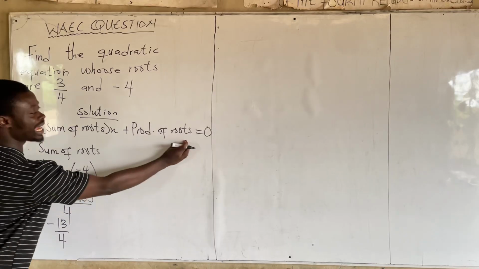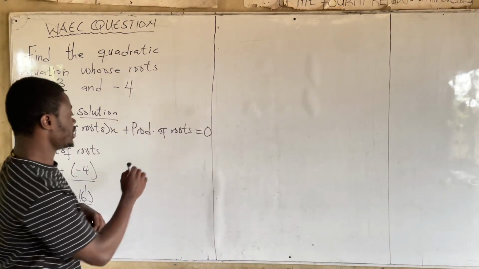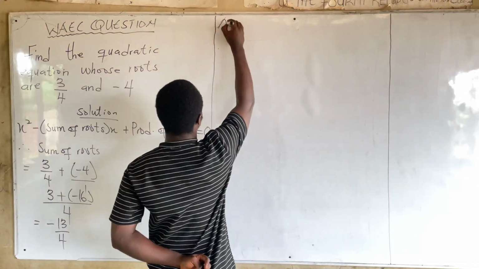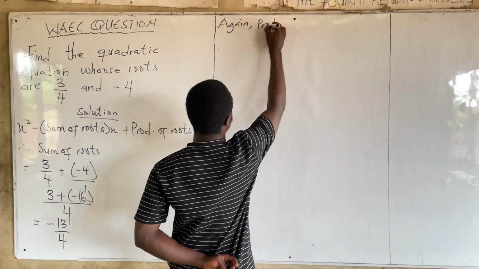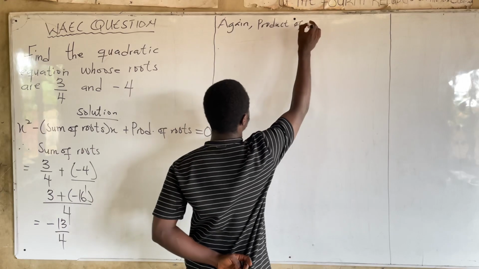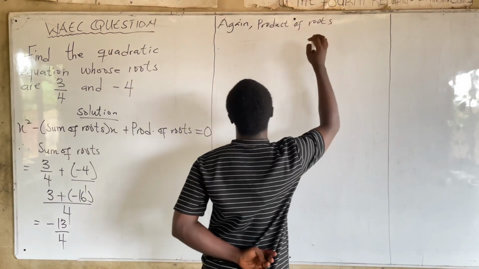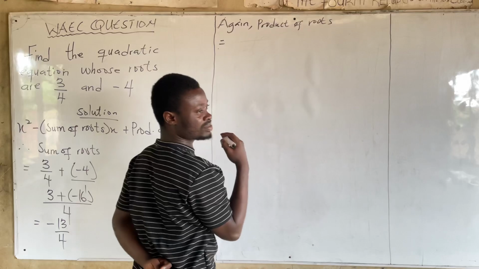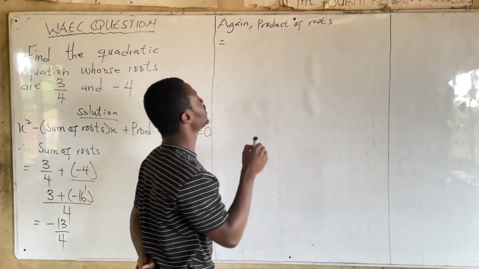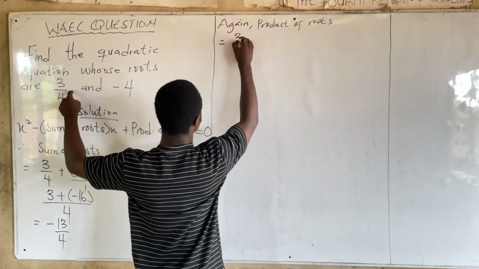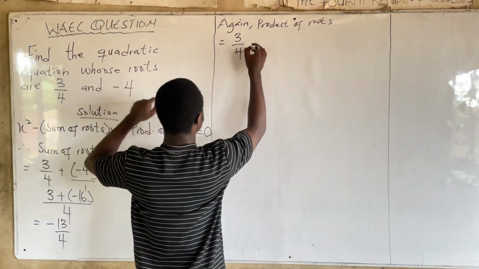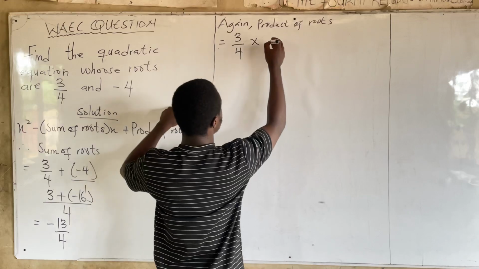Now let's get the product of the roots. Product in mathematics means multiplication. So the product of the roots will be 3 over 4 times minus 4.